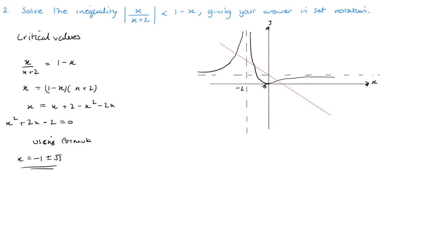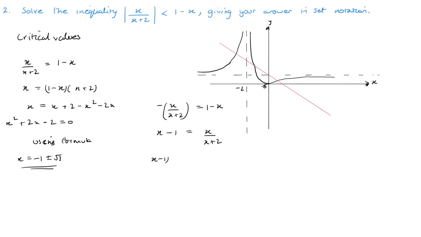Now we need to find this value, and this one is when the modulus sign affects that graph. So we're looking at minus x over x plus 2 equals 1 minus x. Okay, so I'll just swap these around. So I get x minus 1 equals x over x plus 2.